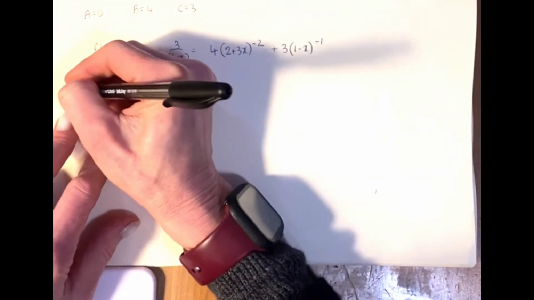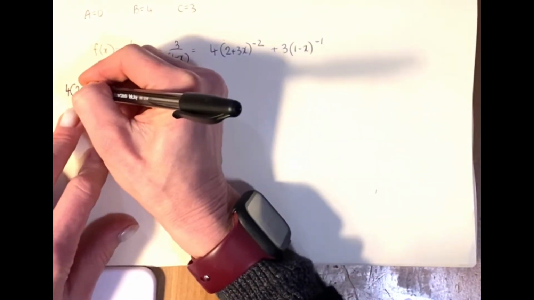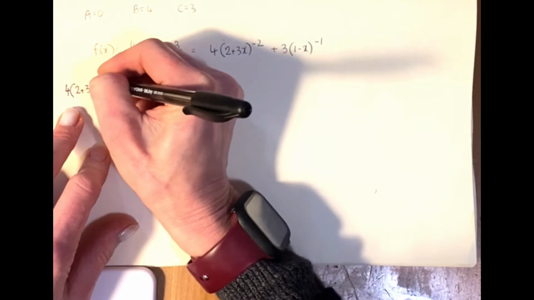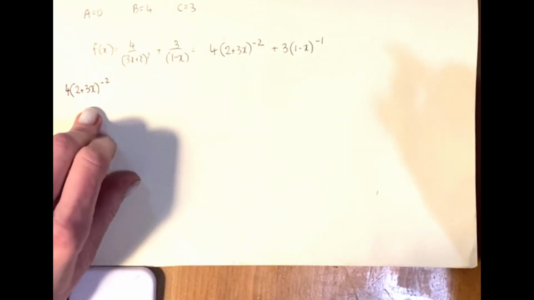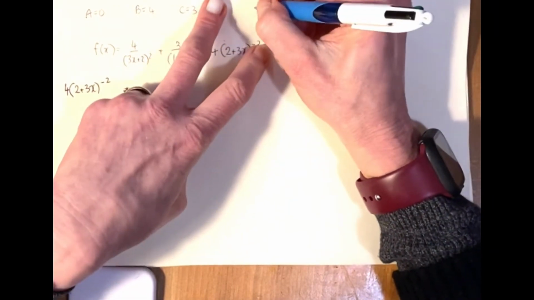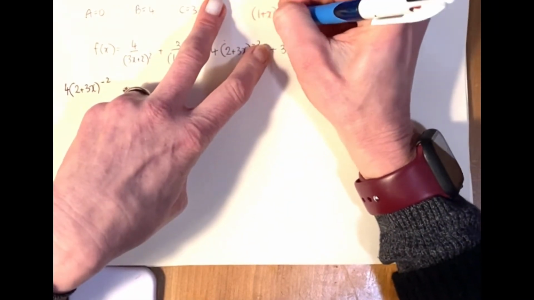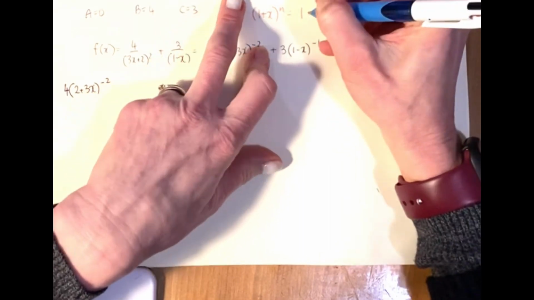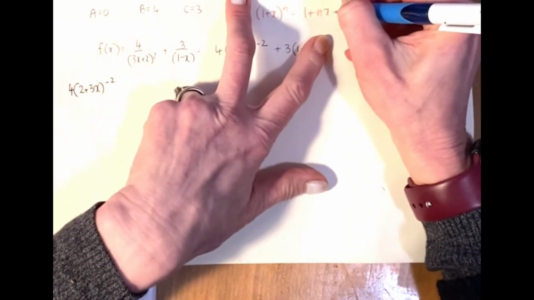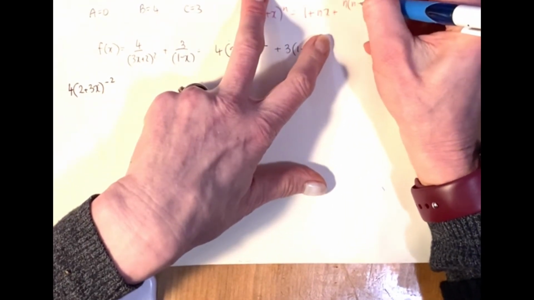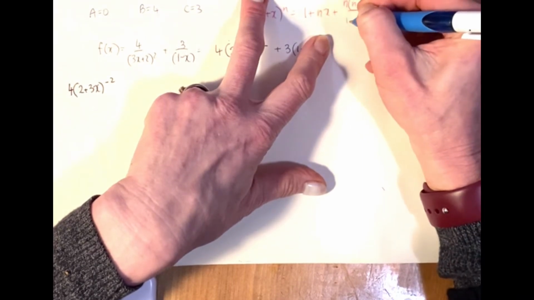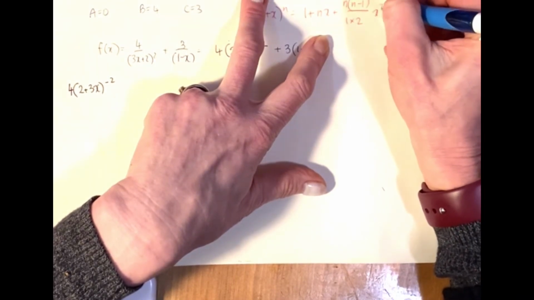So 4 multiplied by 2 plus 3x to the power of minus 2. In order to use the binomial expansion formula, which looks like this, 1 plus x to the power of n is equal to 1 plus nx plus n times n minus 1 over 1 times 2 x squared, etc.